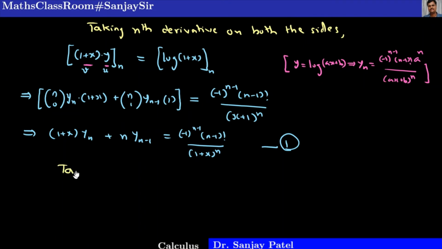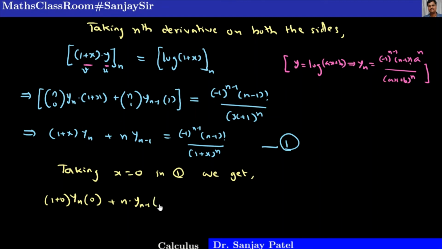So taking x equal to 0 in 1, we get yn times (1 plus 0), and yn at x equal to 0 means yn(0), plus, putting x equal to 0, n times the derivative y(n minus 1) at 0, and the right hand side is minus 1 raised to n minus 1 into (n minus 1) factorial upon (1 plus 0) raised to n.